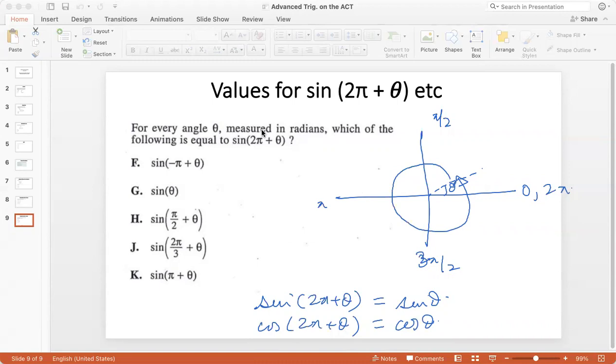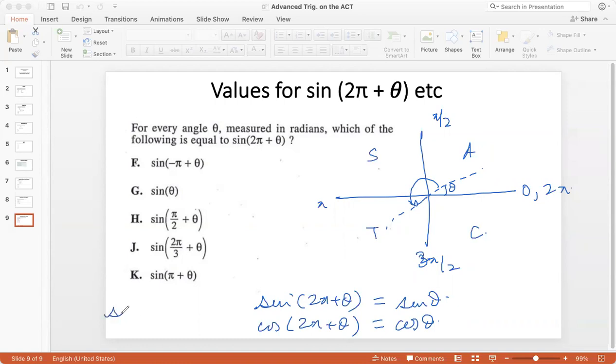Let's look at sine pi plus theta and cos pi plus theta. If I look at sine pi plus theta, then I come here, right? And remember the ASTC rule.